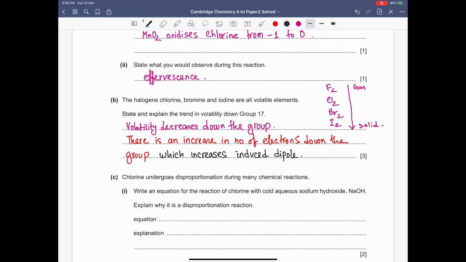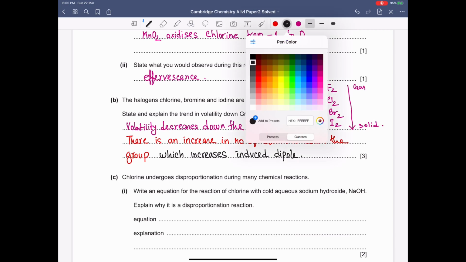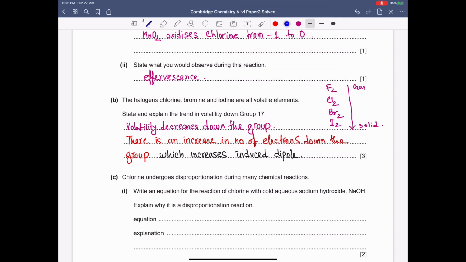So if you're not clear about what is induced dipole, a small explanation here.